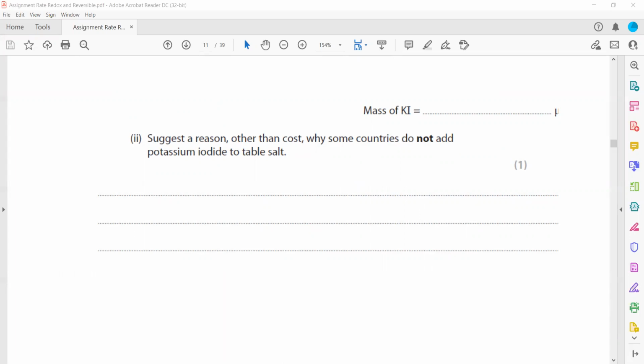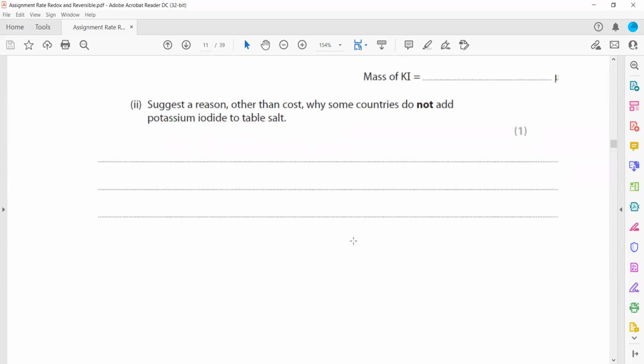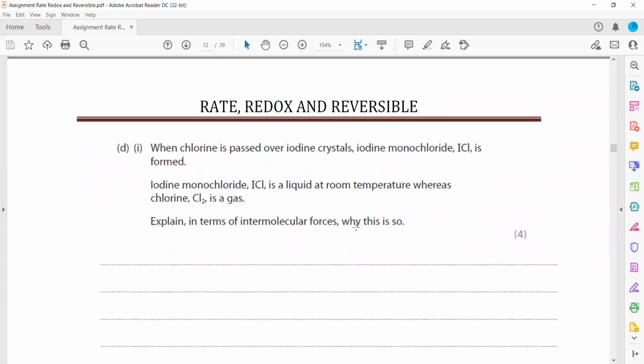Or when we add potassium iodide in the table salt, it is also providing potassium ion, and potassium ion is harmful. It can cause an increase in the blood pressure. That's why some countries are not adding potassium iodide in the table salt.